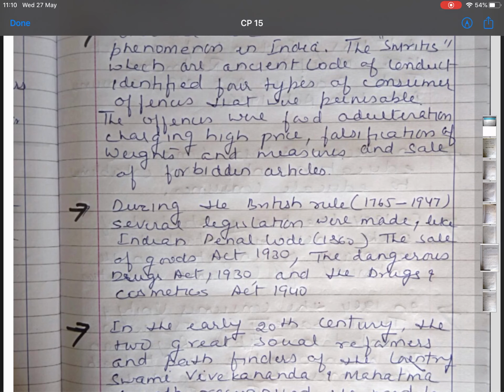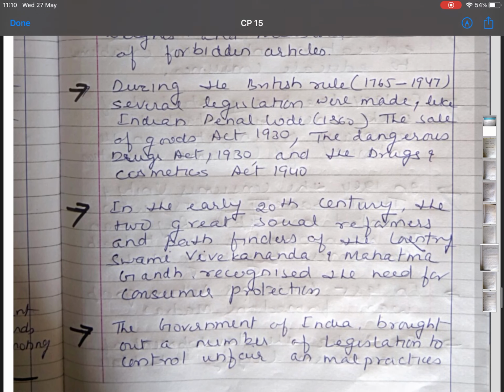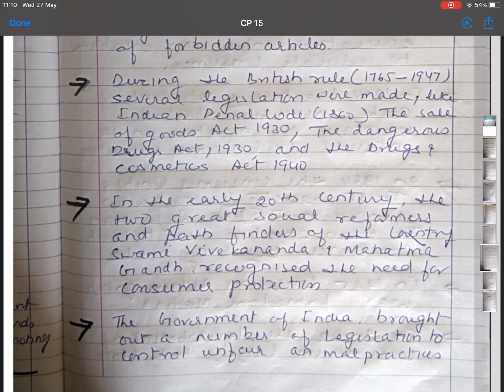These were passed by the British to protect and promote British interests, rather than advancing the welfare of Indian consumers. In the early 20th century, two great social reformers and pathfinders of the country, Swami Vivekananda and Mahatma Gandhi, recognized the need for consumer protection.